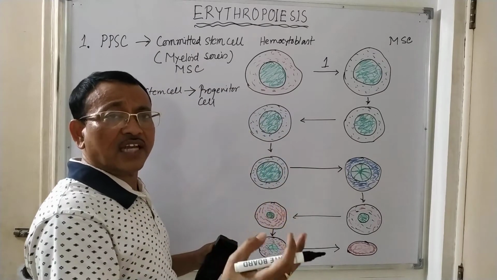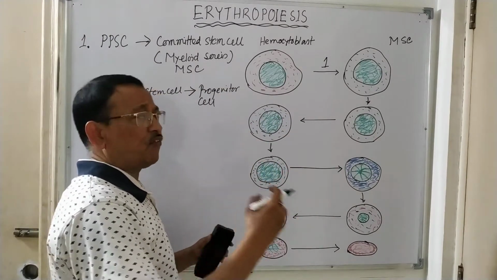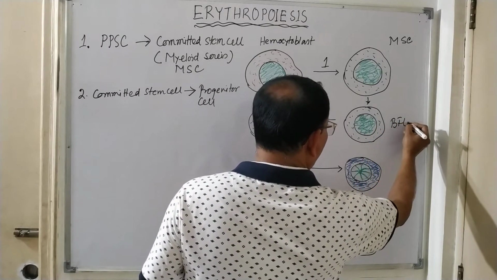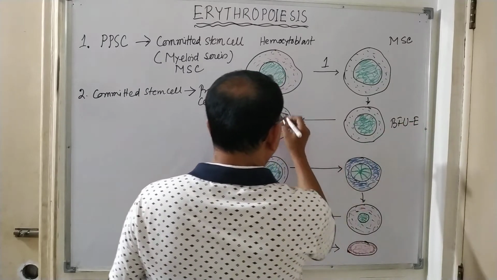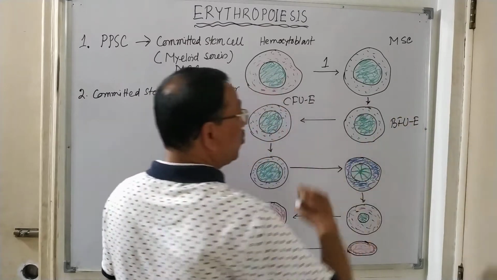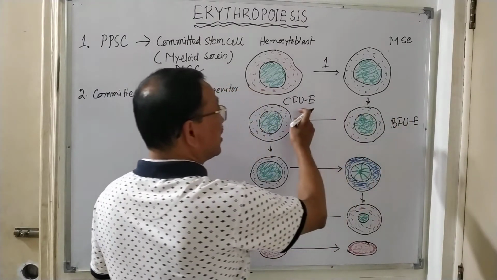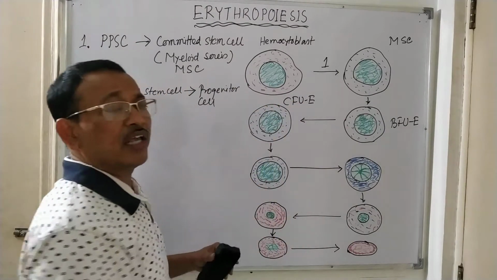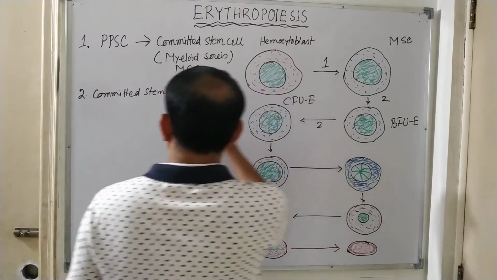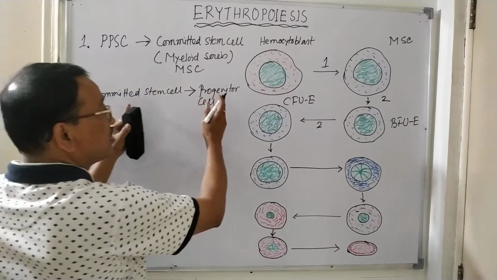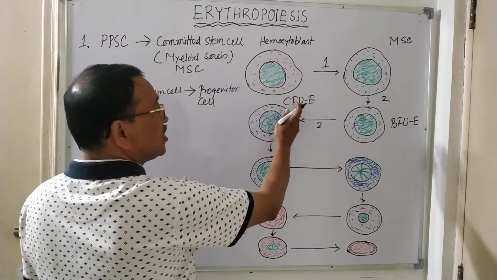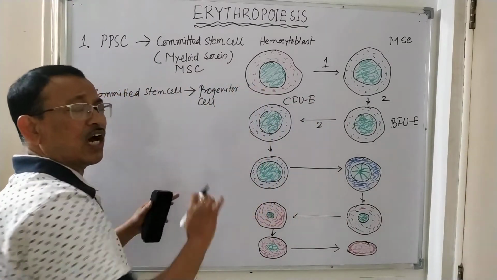For RBC formation, the progenitor cells are first the BFU of E series, and then the CFU of E series. First is the blast forming unit of the erythrocyte series, and then the colony forming unit of the erythrocyte series. So this is the second stage of erythropoiesis: the committed stem cell is differentiated into the BFU of E series and thereby the CFU of E series, which are known as the progenitor cells.